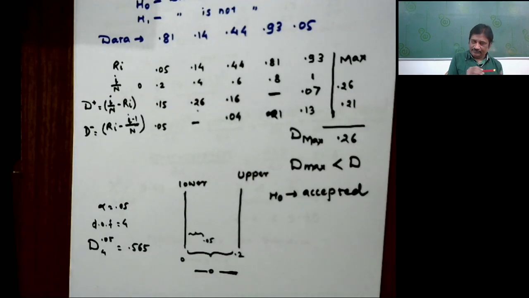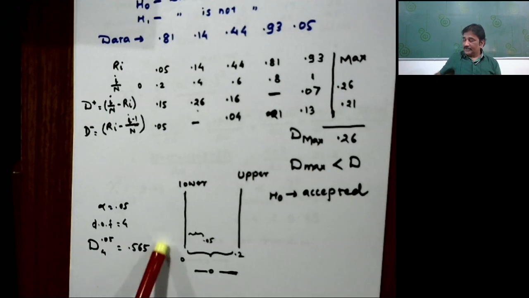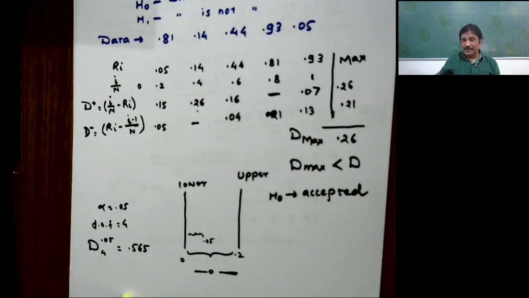Within that you will be searching in the fourth row corresponding to 4, and you will be searching in the column corresponding to alpha equal to 0.05, and there you get the value 0.565.